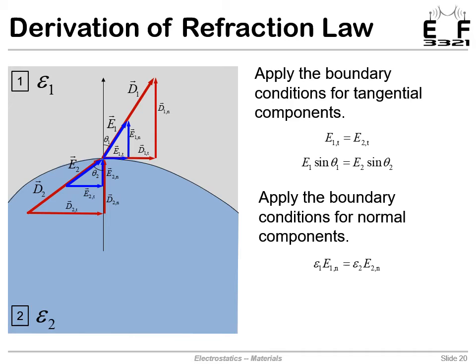For the normal components, the product of the permittivity times the normal component is continuous across the interface. Let's throw in our expressions for the normal component, and we end up here: epsilon 1 times E1 times cosine theta 1 equals epsilon 2 times E2 times cosine theta 2. At this point, we have two equations, and we can use these to eliminate E1 and E2, and we'll just have the epsilons and the angles in a single equation. That is our law of refraction.